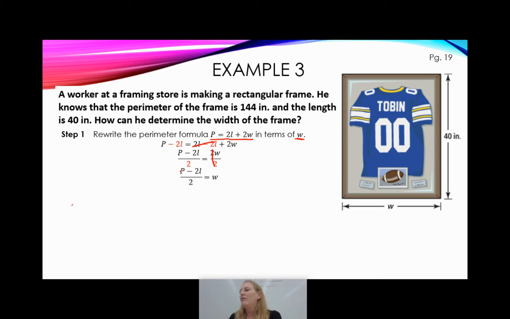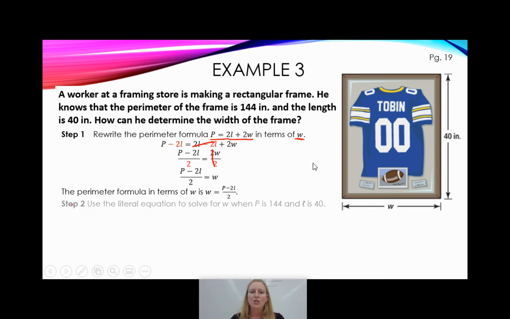And now I have P minus 2L over 2 equals W. So now I've solved for W. And this is great because now I can plug this in. So the perimeter formula in terms of W is W equals P minus 2L, that is, perimeter minus twice the length, divided by 2.